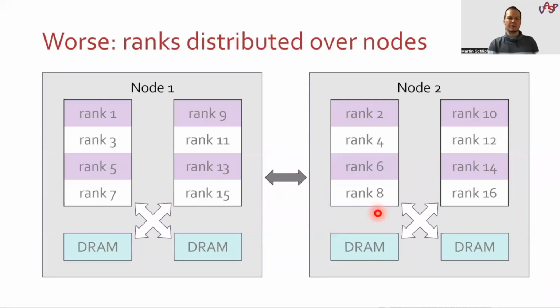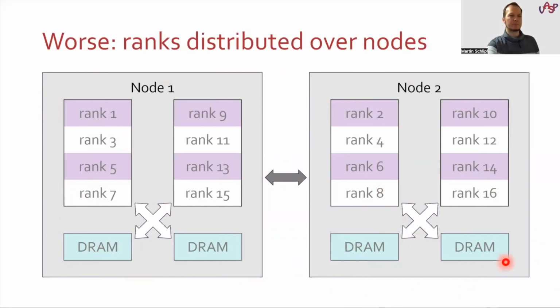And there might still be valid reasons that an HPC site might choose this setup, because in terms of memory this is more efficient. If you don't use the full node, you would only have two ranks, and they would each have the maximum DRAM. But then you need to correct for this again if you want to use the full node, and then you need to pass some variables to the MPI.